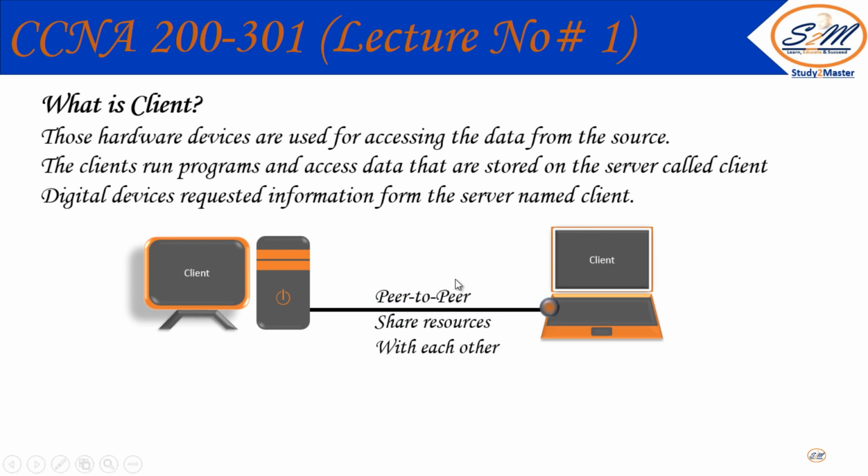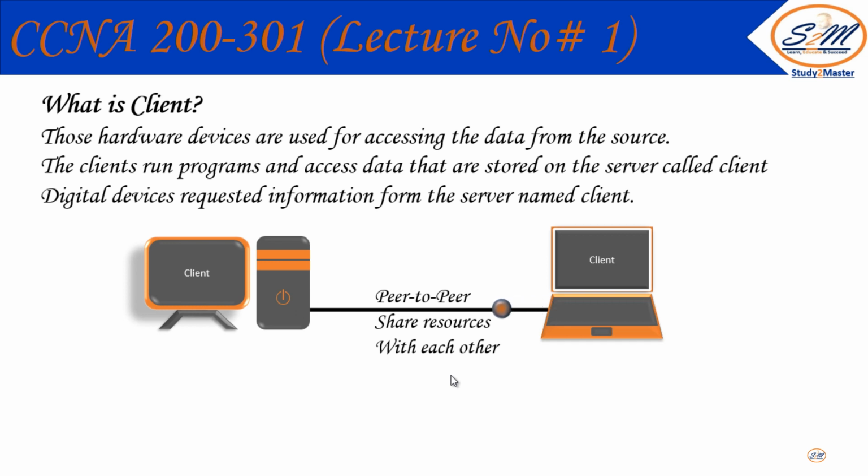We have two clients and they are connected with each other via cables. These two can pass data from one to the other, and they can share the data. Such a type of network is called a peer-to-peer network. But nowadays people are not using such a type of topology.